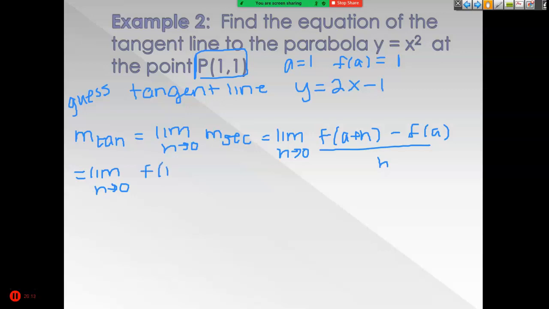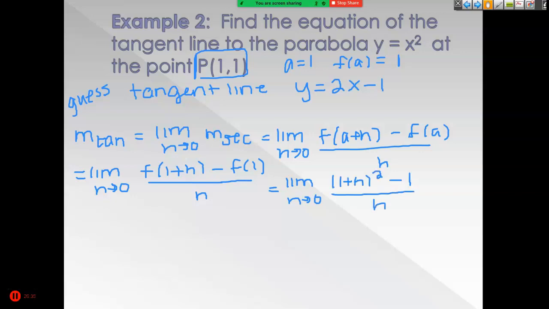So that would be like 1 plus h minus f of 1 all over h. So f is x squared. So that's 1 plus h squared minus 1 all over h.